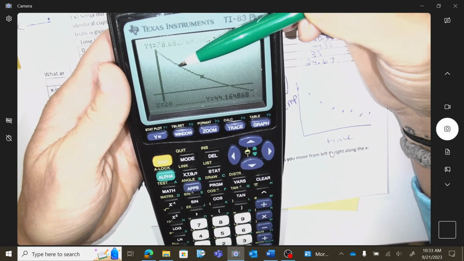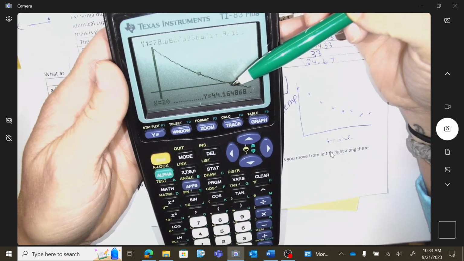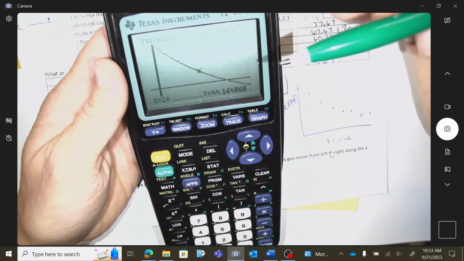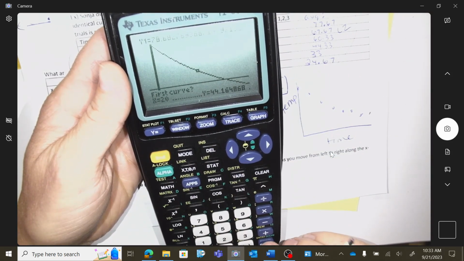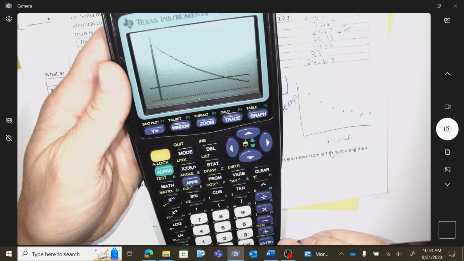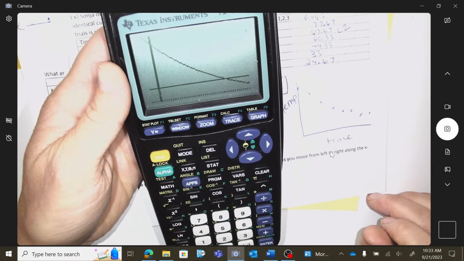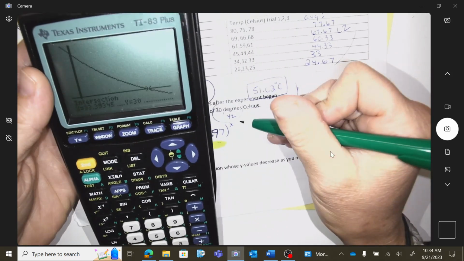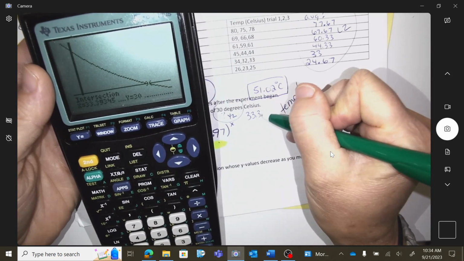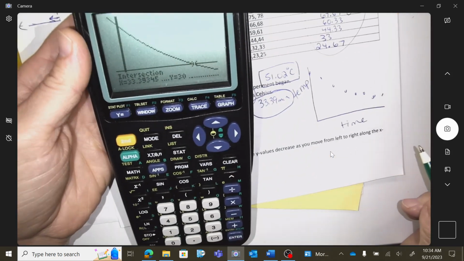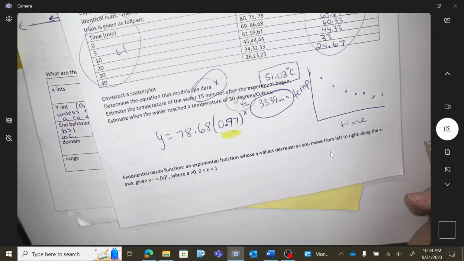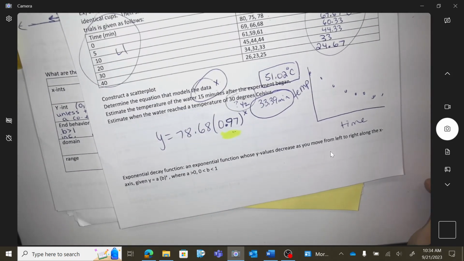So when did this water, boom, hit that 30 line? That's what you want to know, right? So we're calculating the intersection. And then I was getting 33.39 minutes.